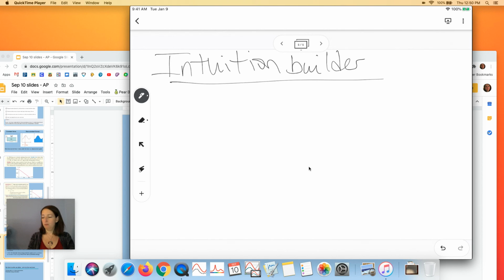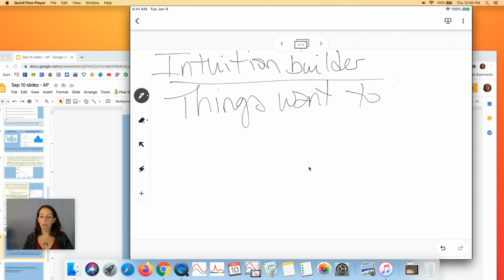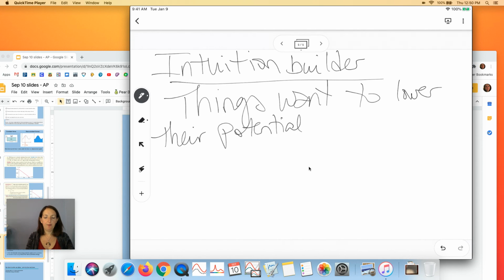Intuition builder, all right? Things want to lower their potential energy. I hold up the ball, what does it want to do? It wants to lower its potential energy. This is super important.